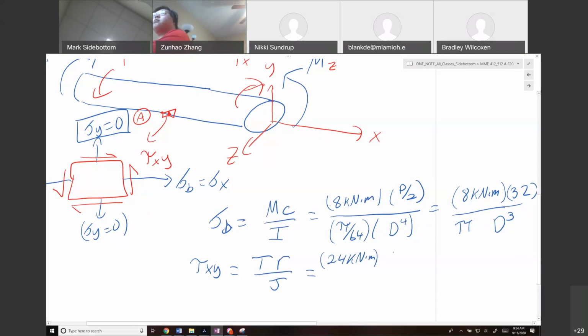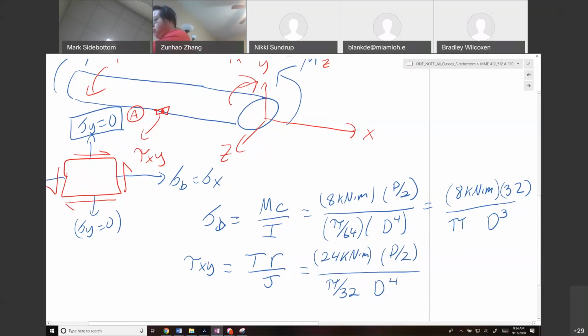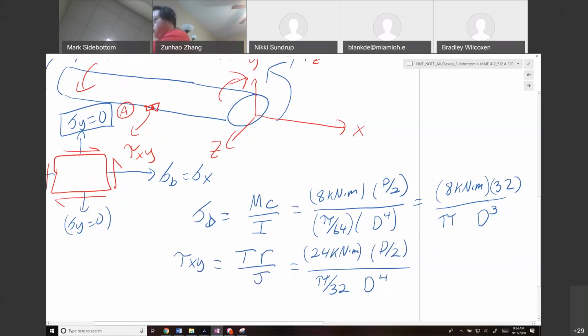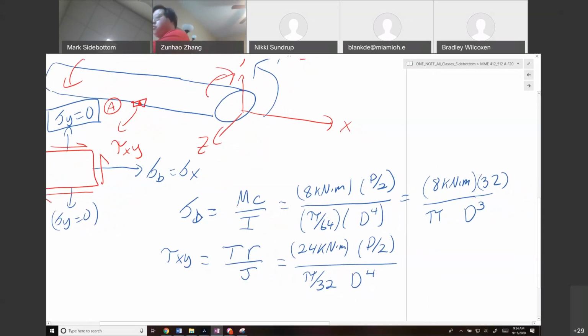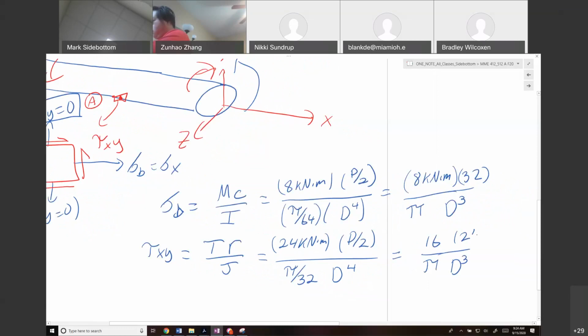Our radius is equal to our diameter over 2, and the polar moment of inertia is equal to pi over 32 times the diameter to the 4th. If we simplify this down, we end up getting 16 divided by pi times the diameter cubed, times our original torque value.